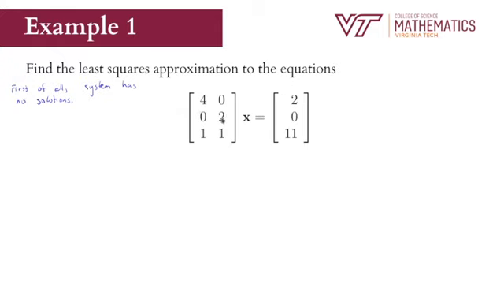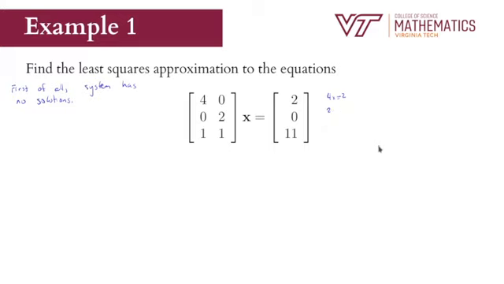The middle row says that 2y is equal to 0, so y would be 0. But then 1 times 1/2 plus 1 times 0 doesn't add up to 11. Just looking at these three equations, 4x equals 2, 2y equals 0, x plus y equals 11, it's clear that we cannot solve all three of those equations.